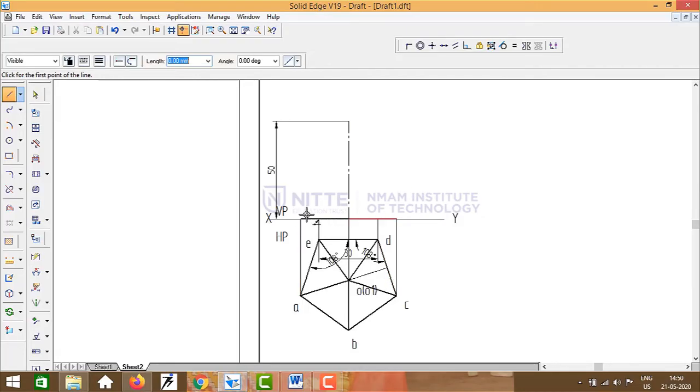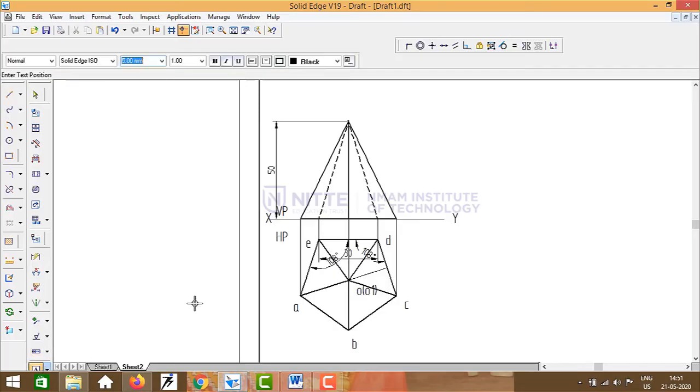So join the slant edges from A to O, and next B to O, so B will be somewhere here, C to O, but you see D and E are nearest to the XY line or nearest to VP, so D to O and E to O will be hidden lines. So change the property to hidden line from D to O and E to O.